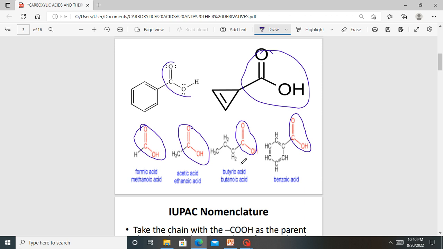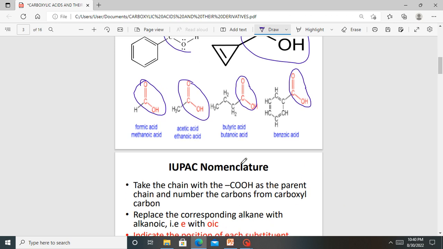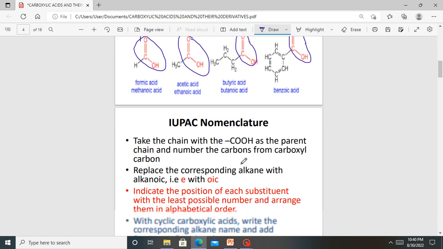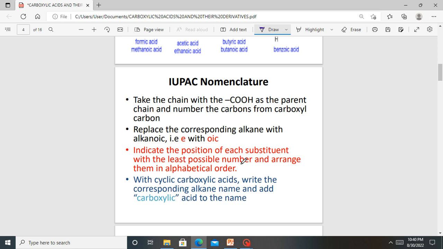Let's look at the general IUPAC nomenclature of carboxylic acid as an organic compound. In a general sense, organic compounds are all named based on the same principle. So just take the chain with the functional group as usual, then start the numbering from the functional group as shown here.